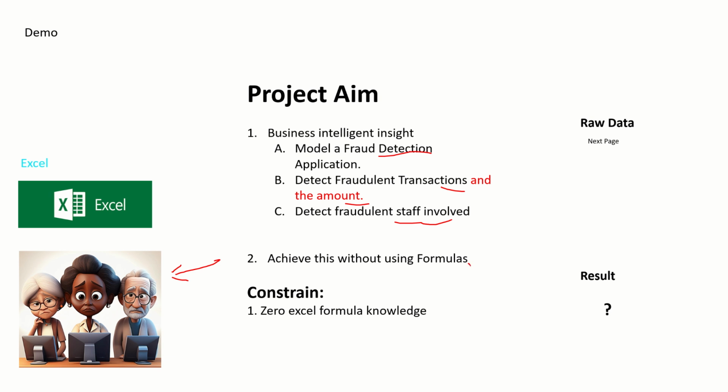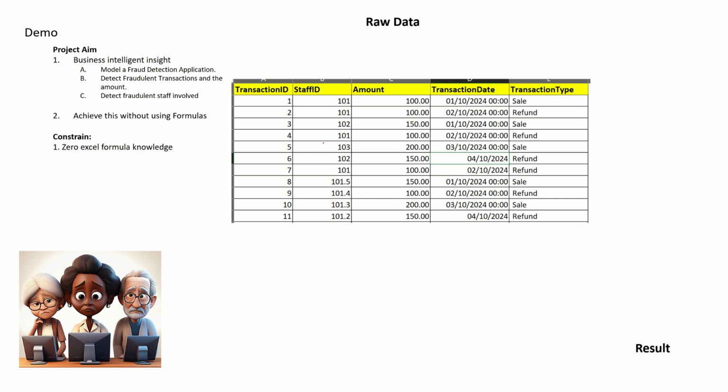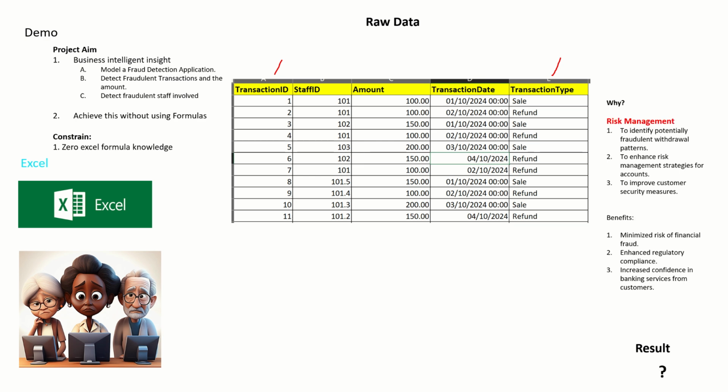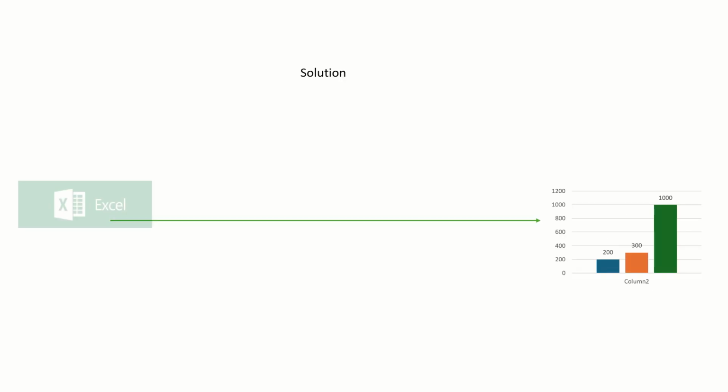We achieve this without the use of formulas because they have constraint of formula also in their company. And this is the data I used, from A up to E, the raw data we provided, and we were able to achieve a simple result. What kind of result?